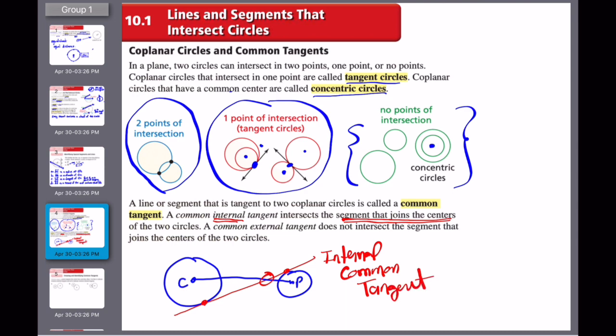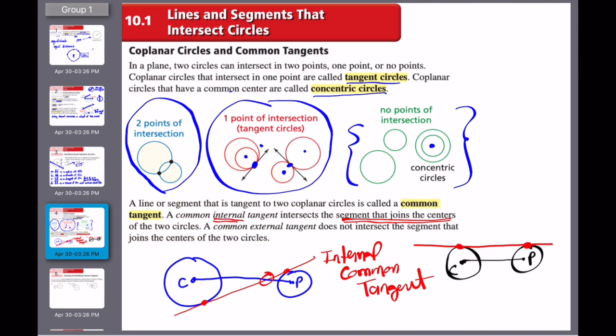However, I can draw a different common tangent. And if I draw a tangent that touches these 2 circles here, and we say, well, now let's draw the segment that connects the centers, notice that this tangent does not pass through that segment that connects the center of the 2 circles.